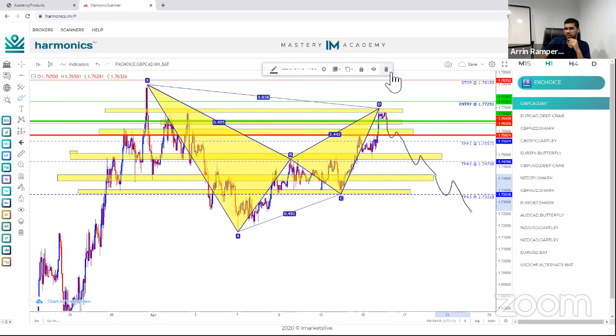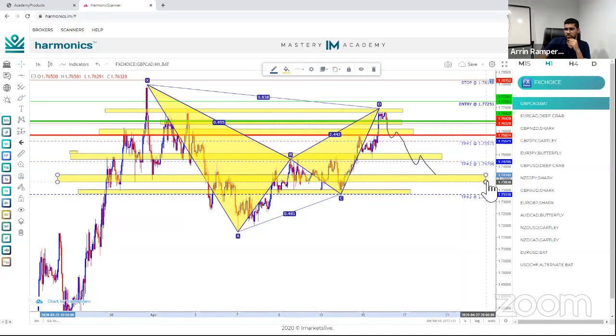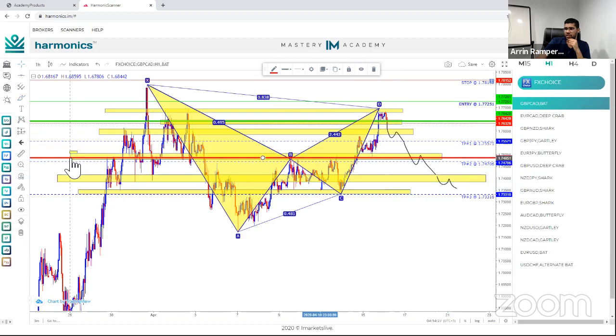All right, that was too much of a big run. Let me do it a little bit better. Price does this. You can now move this line, which is your stop loss, all the way down here if you want.